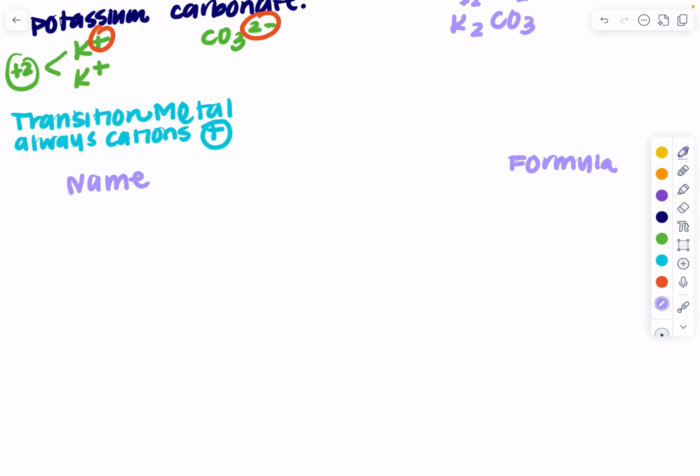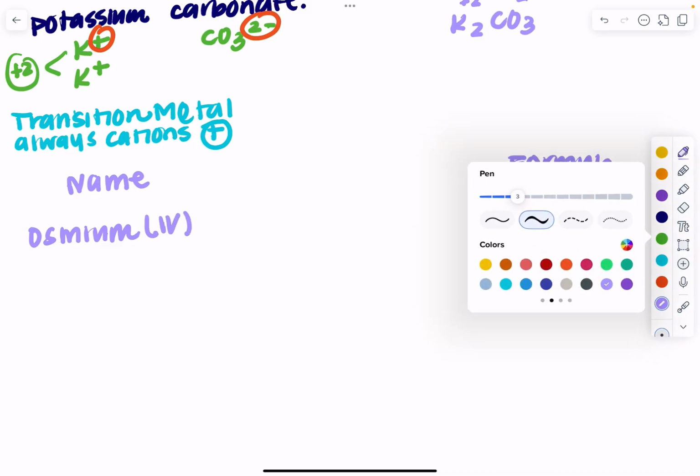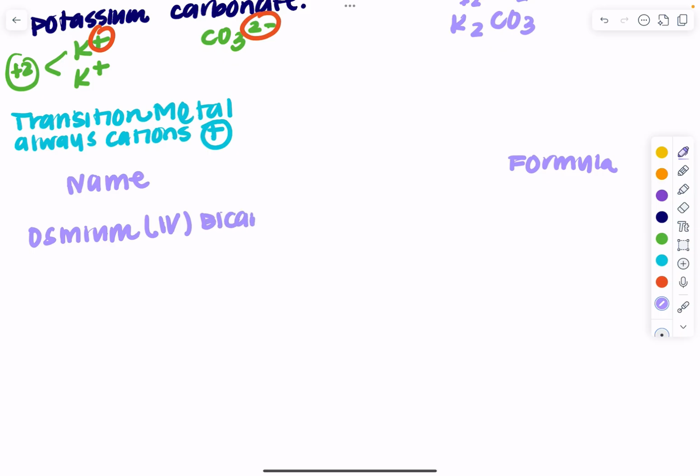So let's do osmium(IV) bicarbonate. Okay, so we have osmium.